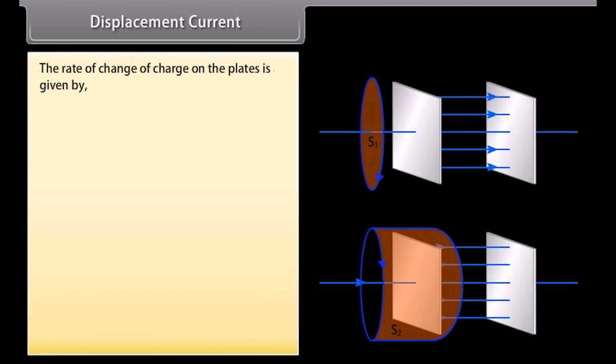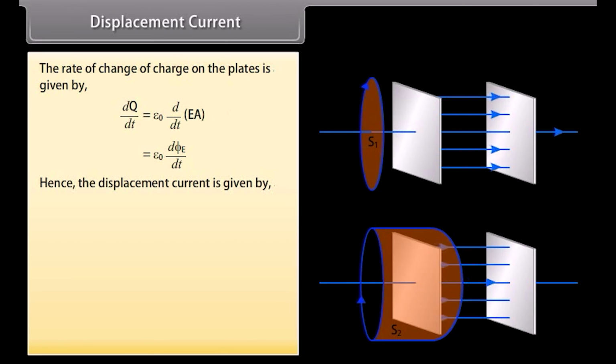The rate of change of charge on the plates is given by epsilon naught d upon dt of EA, which is equal to epsilon naught d phi E by dt. Hence, the displacement current is given by I_D equals epsilon naught d phi E by dt.